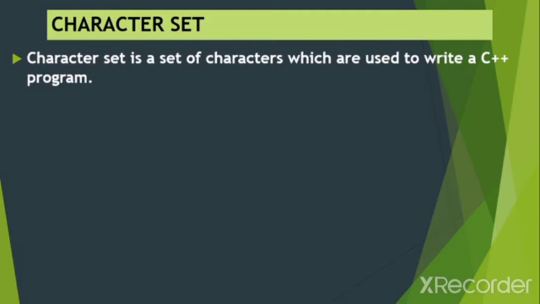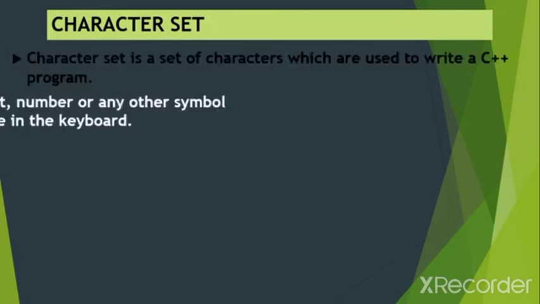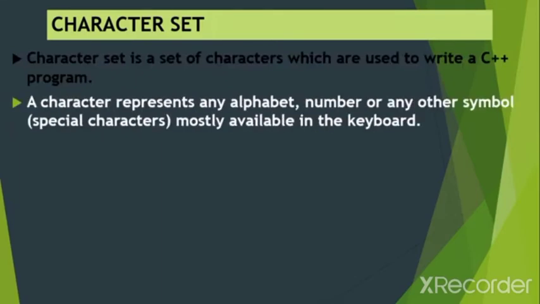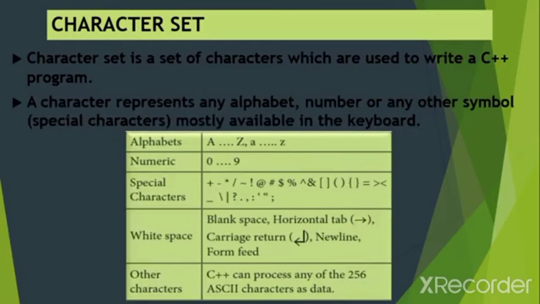Okay, so first we are going to discuss what character sets are available in C++. A character represents any alphabet, number or any other symbol, that is, special characters mostly available on a keyboard. Mostly whatever is on the keyboard will be in the character set. So it includes alphabets, numbers and special characters.